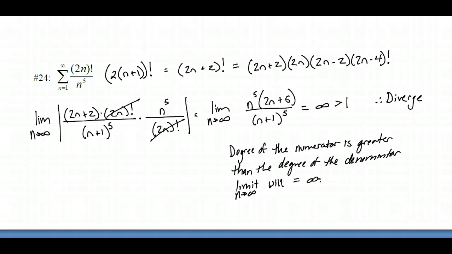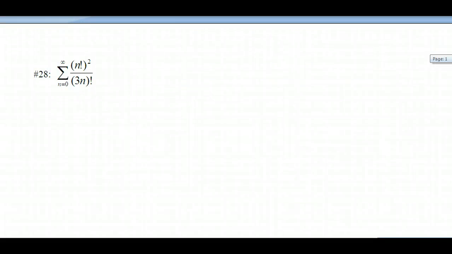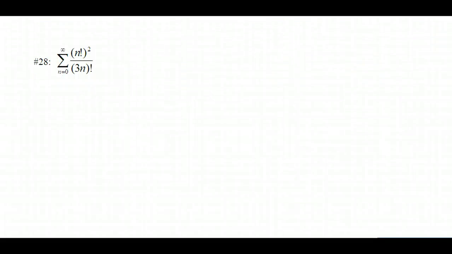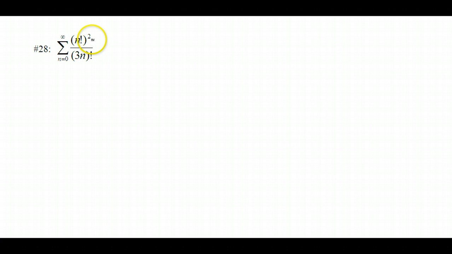A couple more kind of weird examples with our good old ratio test. Again, we see factorials, so factorials are kind of a hint to use your ratio test. And keep in mind, this is n plus 1, and then it's a factorial, and that's kind of weird that we're going to square this thing too. And then in the denominator, it's 3 times n plus 1, in parentheses, and then factorial, just like the previous problem.